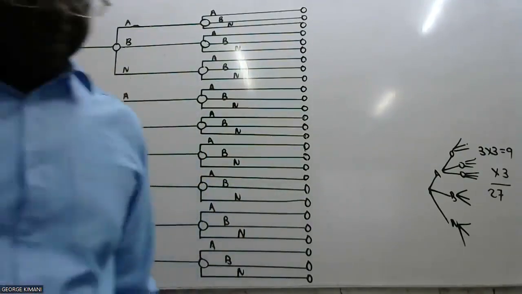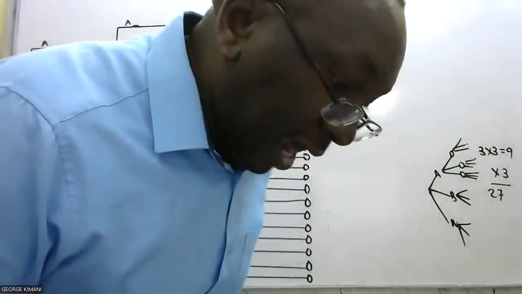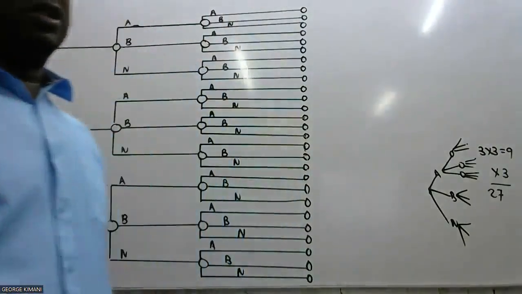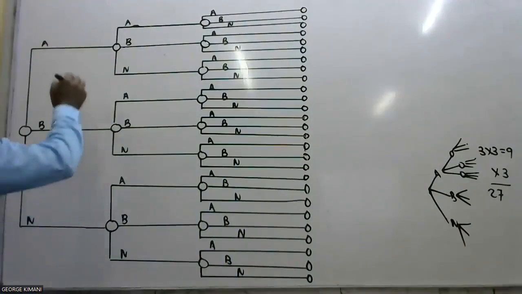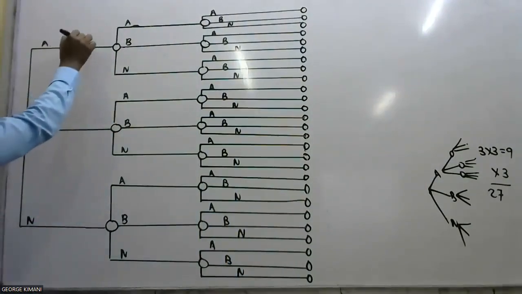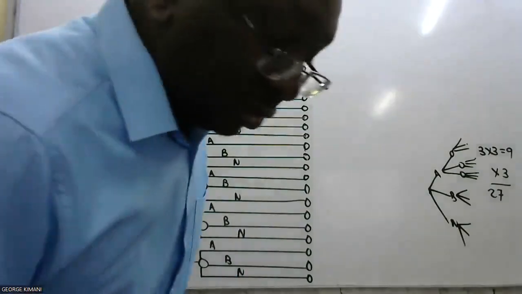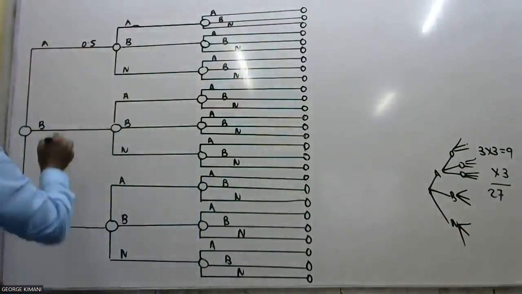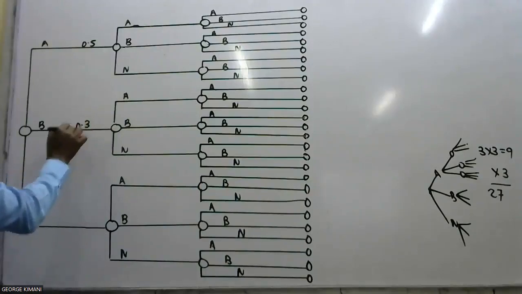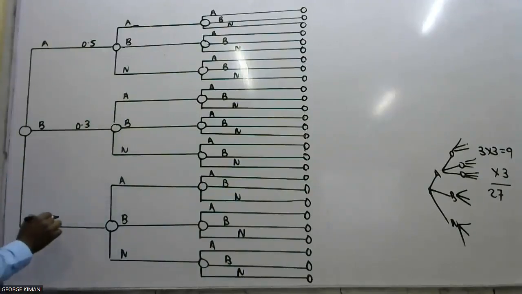Then we are told A has gotten 10 of them, 10 out of 20. So that means his probability is 0.5. While B has been getting 6 in 20. So that is 0.3. And the other one gets 4 not awarded.